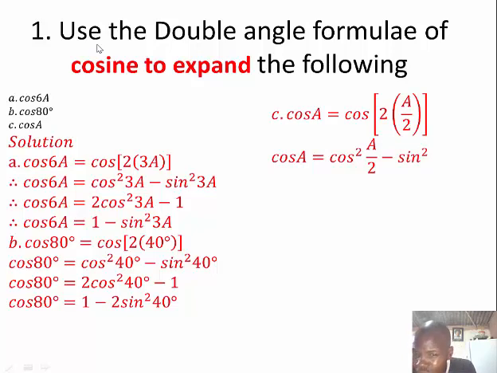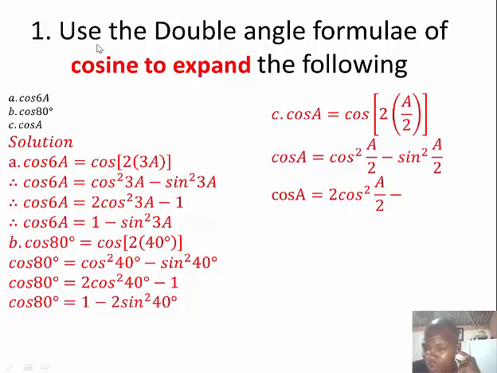Ensure that you practice your double angle formulas, guys. They always come up in your exams. And for your other alternative, now you have your cos A again, where you have 2 cos squared A over 2 minus 1.